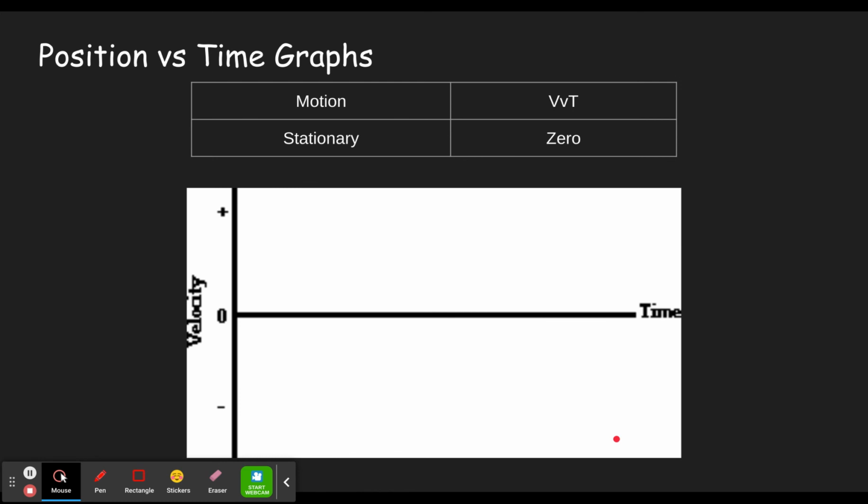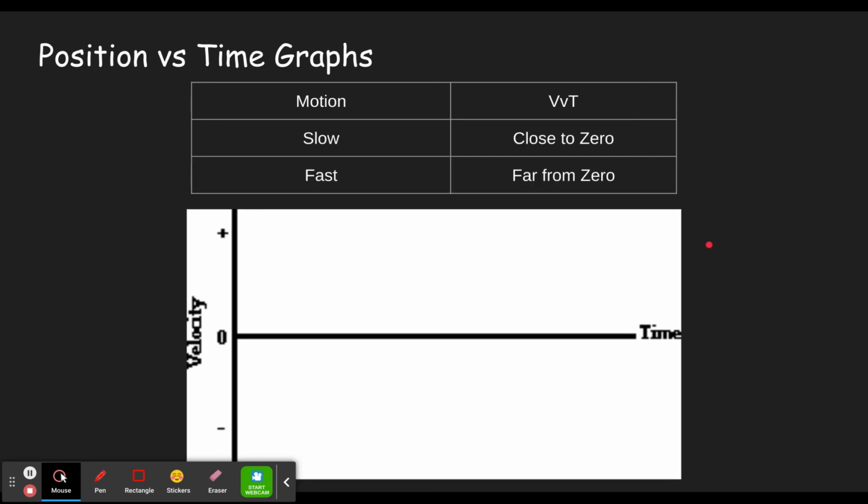If your car is stationary, and just think of this velocity as the speedometer on the object, if you're in a parking space, your speedometer is going to read 0. So the whole time it'll be 0. If it ever goes anywhere else, that means you're moving. Your speedometer is reading something. So stationary, it's at 0.